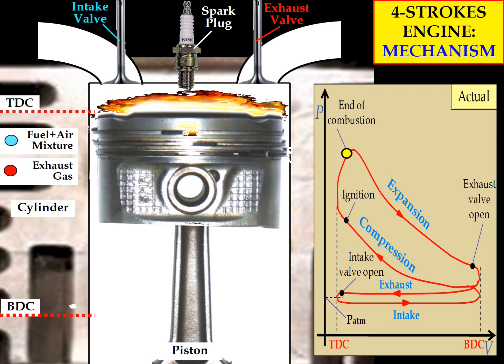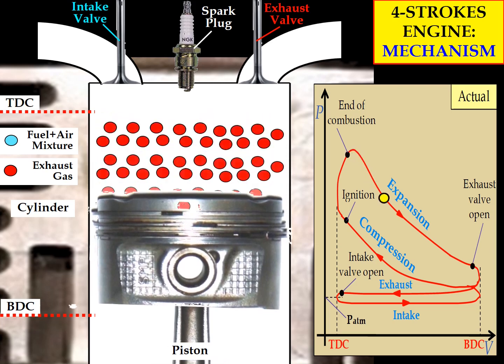At the end of the combustion process, the position of the piston is actually slightly lower than TDC, where the volume has already started to increase because the piston starts to move downward for the expansion process.